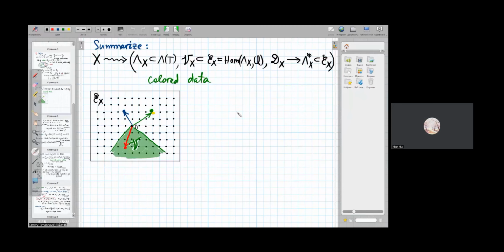So the third information about the color data is that we have a finite set and we know how the finite set is mapped into the lattice. Just this, right? Yes. So we just know that dx is a finite set and nothing more.